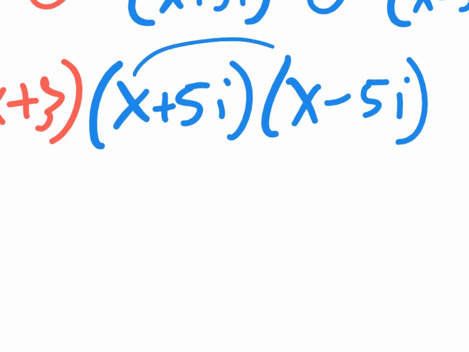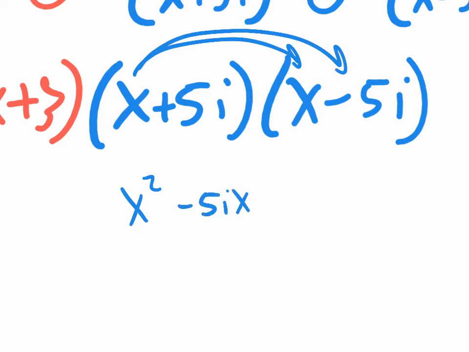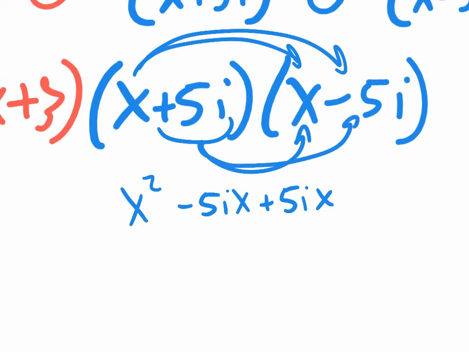Check it out. X times x, x squared. X times a negative 5i, that's going to be a negative 5i with an x. Positive 5i times x, it's going to be a positive 5i with an x. Positive 5i times negative 5i, a positive times a negative is a negative. 5 times 5 is 25, and i times i is i squared. So watch this magic.